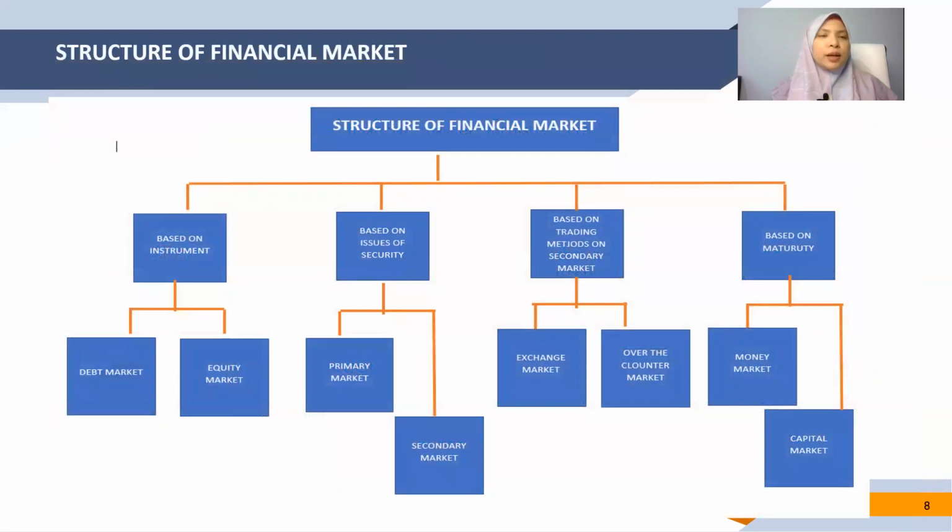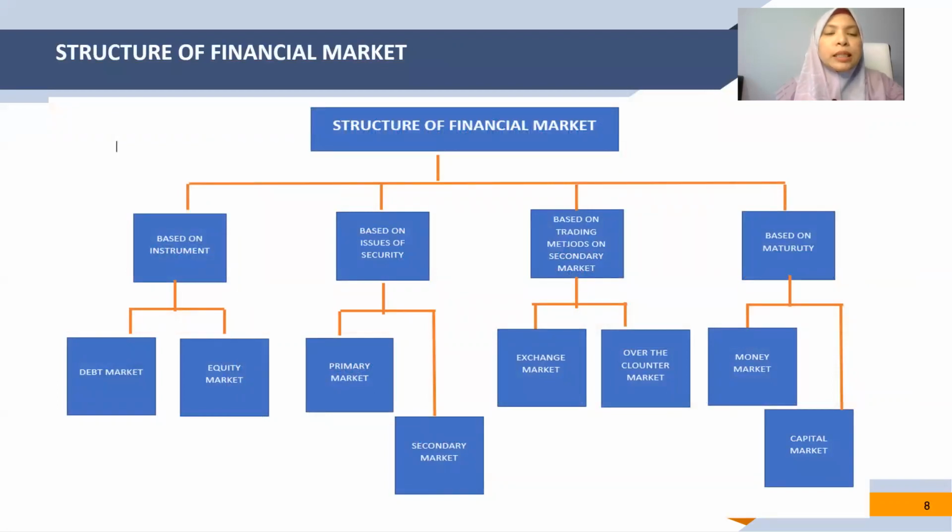Okay, next one, we move to the structure of the financial market. So this is the very basic structure of the financial market, where it can be identified based on the instrument itself. The instrument will be divided into two, which is the debt market or the equity market.